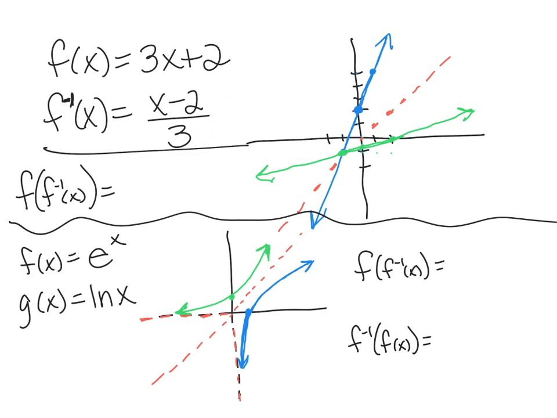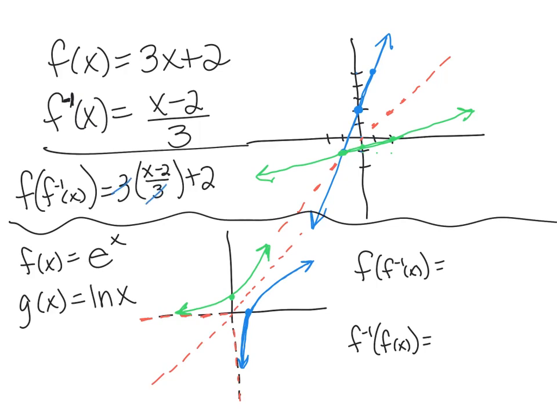Now, what that means is if I take this function and plug it into that, I'm going to get an x back, because the input into the input is going to give us the input. So f says 3 times it plus 2, and the thing we're plugging in is its inverse, and you can see what happens.